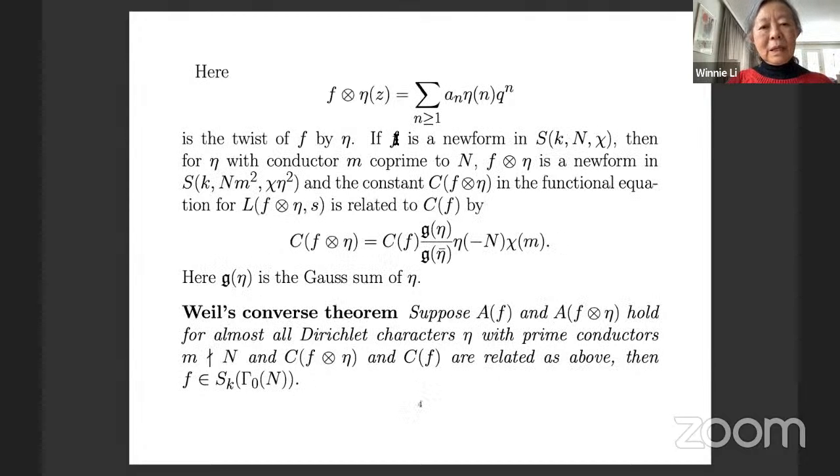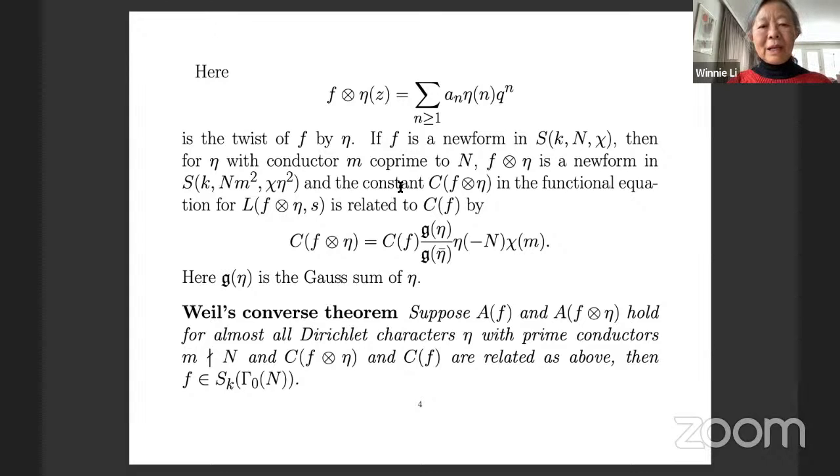When you have a modular form, you twist by a character. That means you change the Fourier coefficients by multiplying them by the value of the character at the integer n. If I start with f, which is a new form of level N and character chi, and the conductor of the character eta is coprime to N, then the twist is again a new form of the same weight, and the level will be N times the conductor squared, and the character will be chi times eta squared.